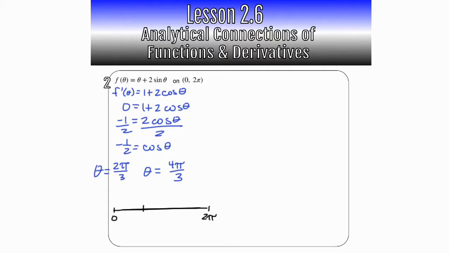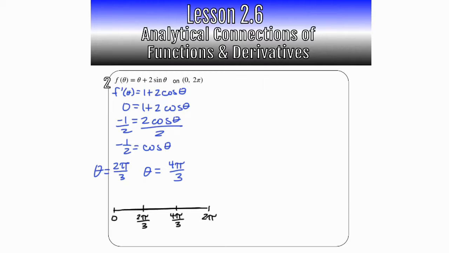So this first little tick mark is going to be 2 pi over 3, and the second one is going to be 4 pi over 3. And so now I'm going to find values of theta that are in between there, so that way I can decide if it's increasing or decreasing.